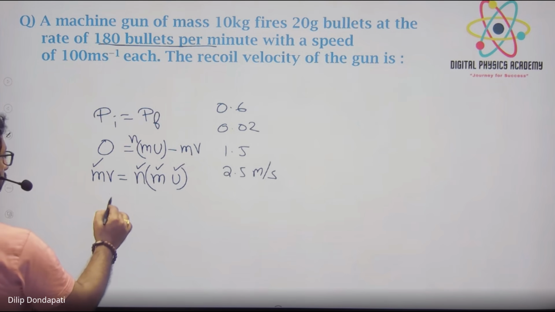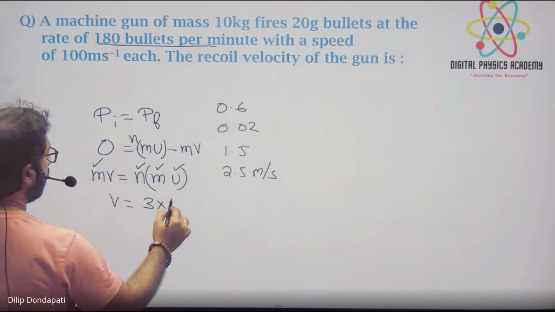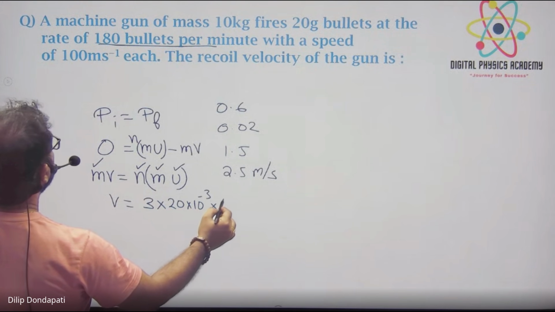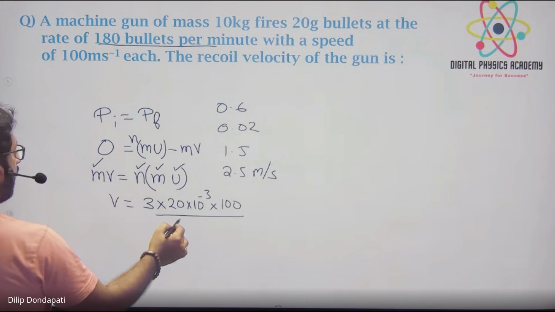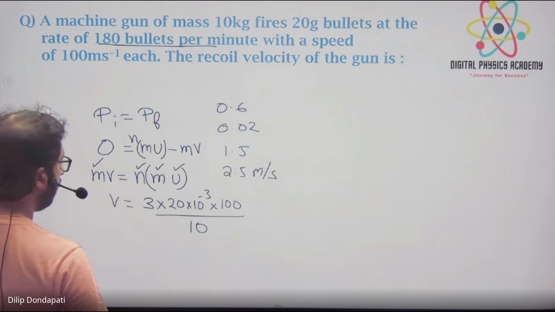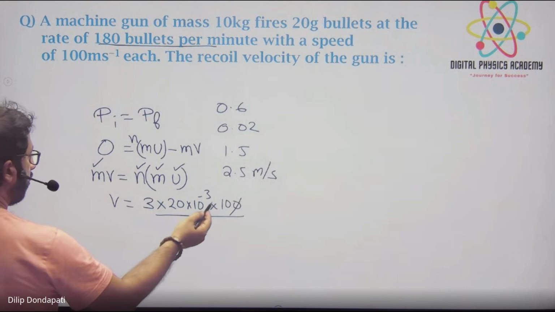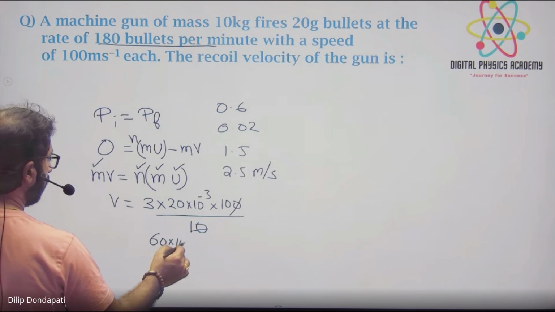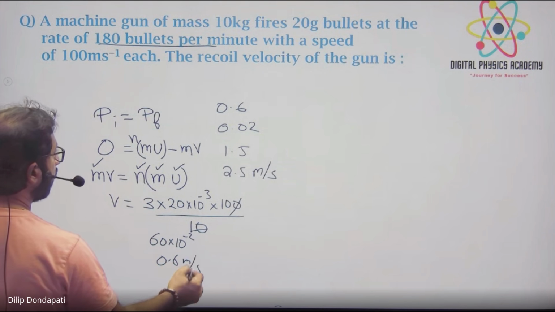V is equal to 3 into the bullet's 20 grams, 20 into 10 to the power of minus 3, into initial velocity 100, divided by M, the mass of the gun, 10 kg. So 60 into 10 power of minus 2. So it is 0.6 meters per second.